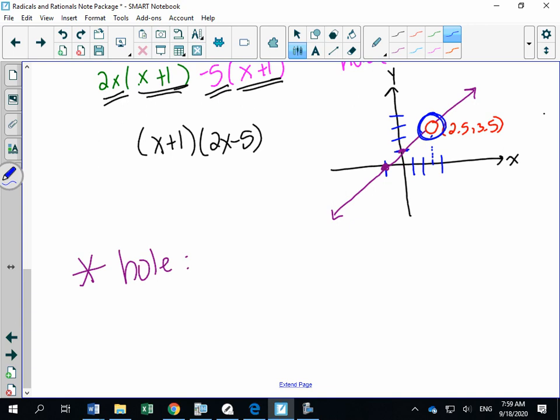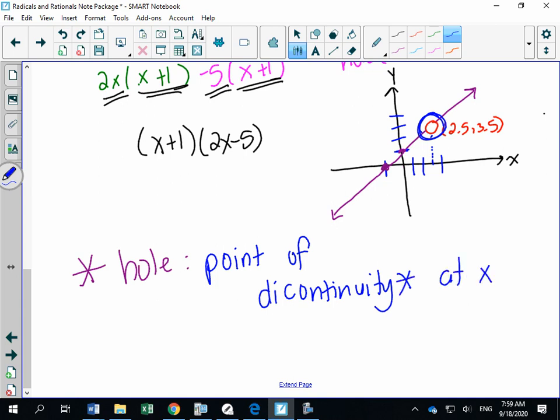So our graph is not continuous, it's discontinuous at that point. So they will often say that a hole is a point of discontinuity. And we could say like a point of discontinuity at x is equal to 2.5.